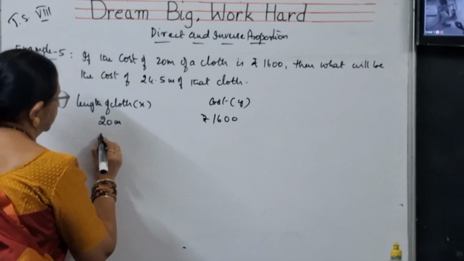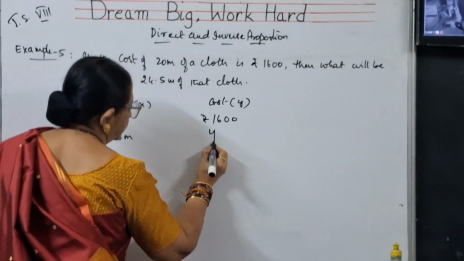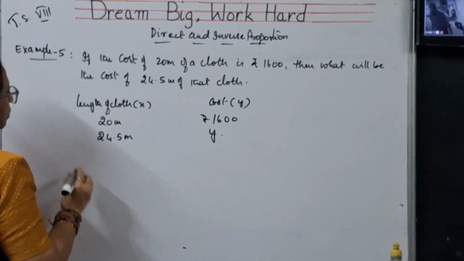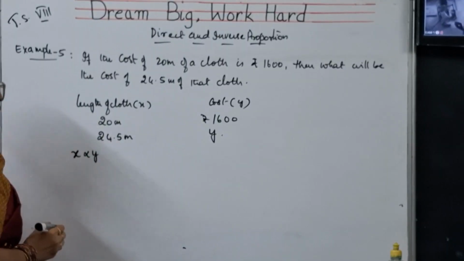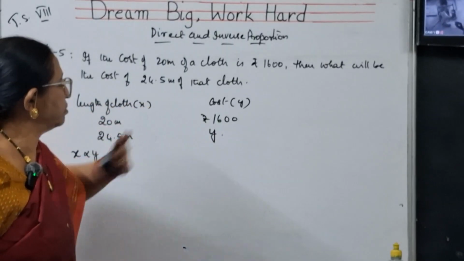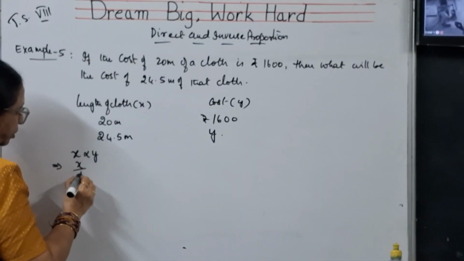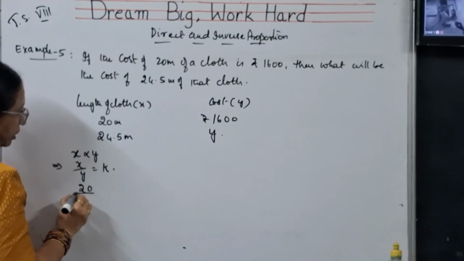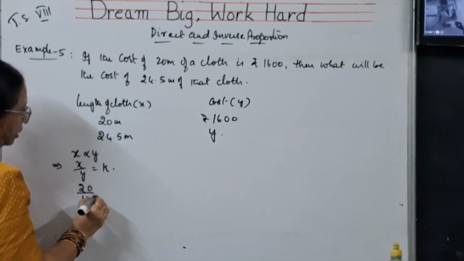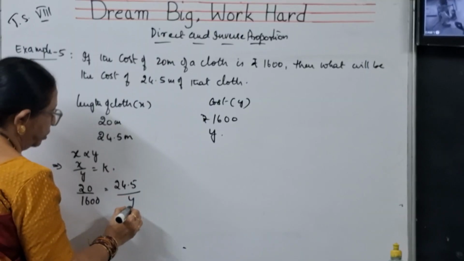Then what will be the cost of 24.5 meters? It is y. Now x is directly proportional to y. Why? As the length increases, the cost also will increase. This implies x by y is equal to constant. That means 20 by 1600 is equal to 24.5 by y.